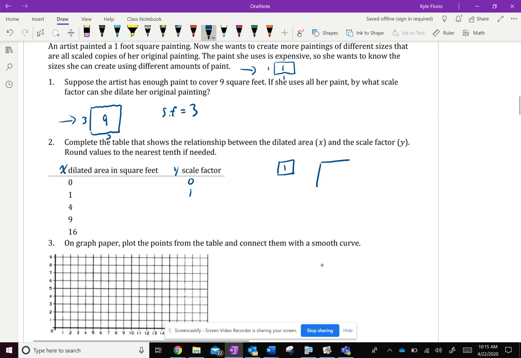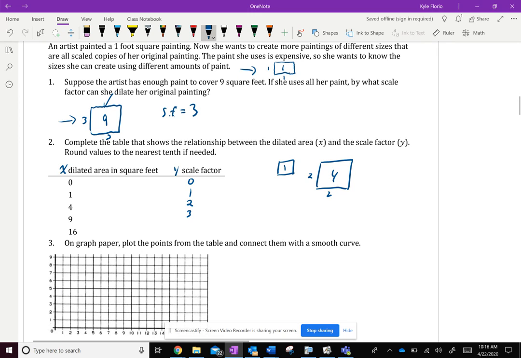If I had a dilated area of 4, what could the scale factor have been? So I think if it was 2 by 2, 2 and 2 would have given me the 4. So the scale factor had to have been 2 in that case. If it was 9, we already did 9, the scale factor would be 3.